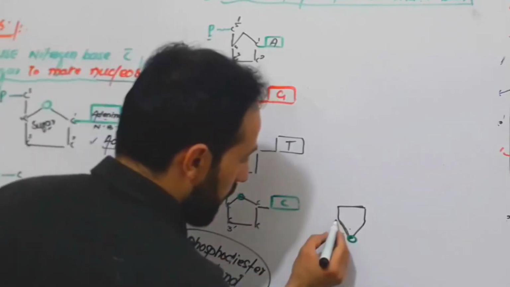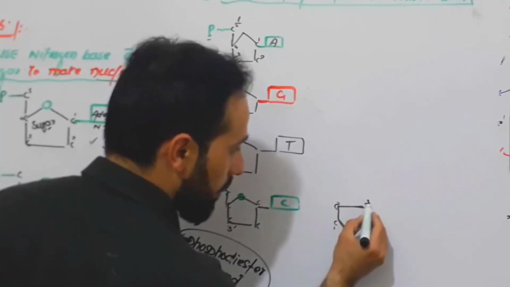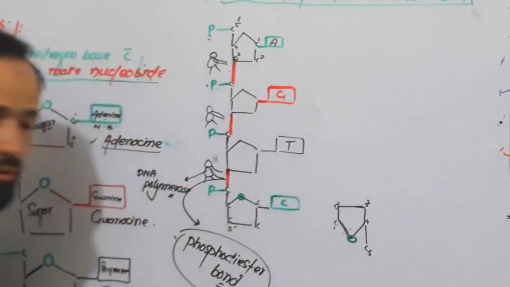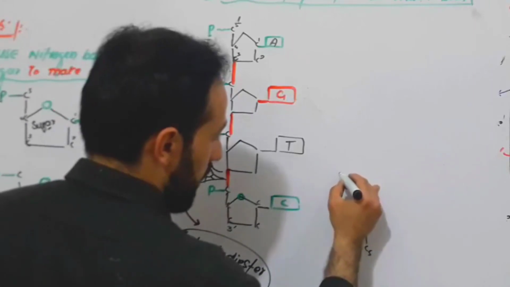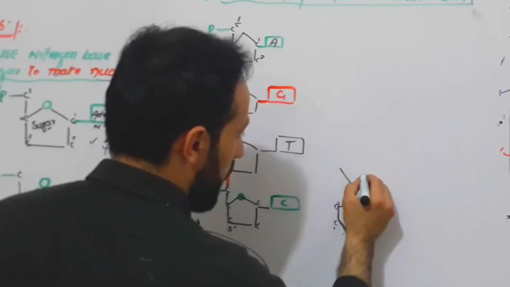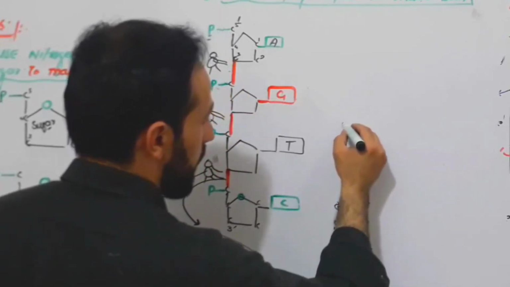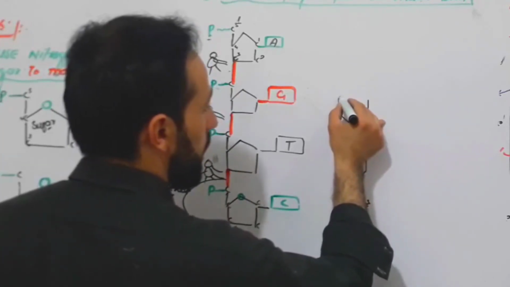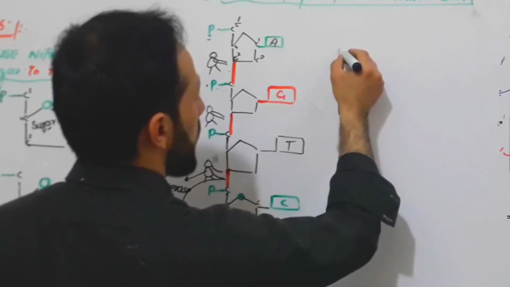And now look, here is carbon number 1, here is carbon number 2, carbon number 3, carbon 4, and here is carbon 5, right? All the sugars will be like that. So let me make all these sugars fast, like this, and here again the sugar will be somewhat like this, and here the sugar will also be like that.